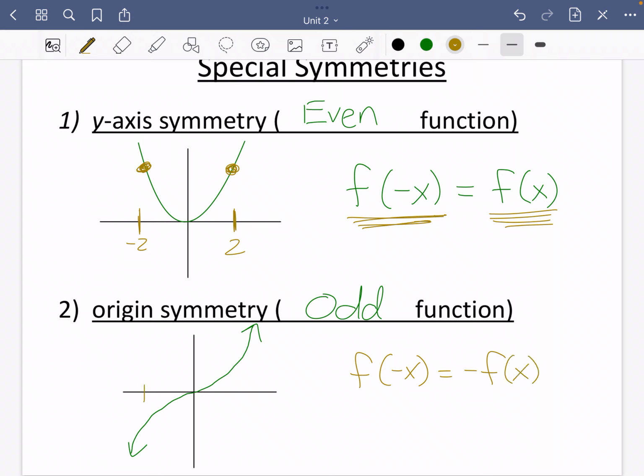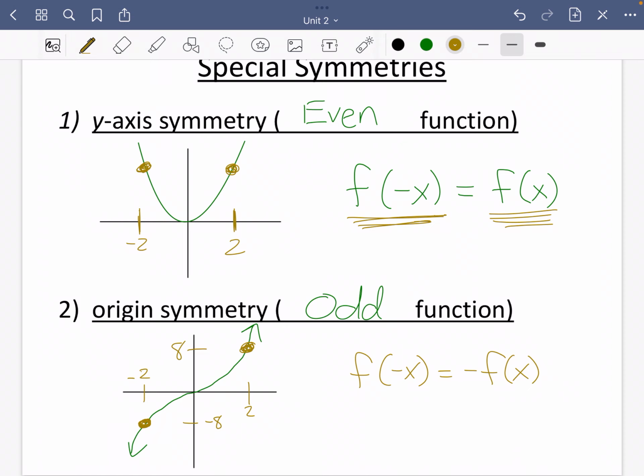So our function value down here has exactly the opposite sign as the function value up here. All right, so this might be 2, 8, and then this is -8.